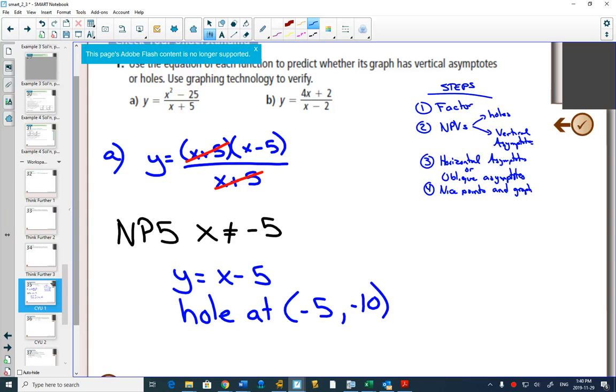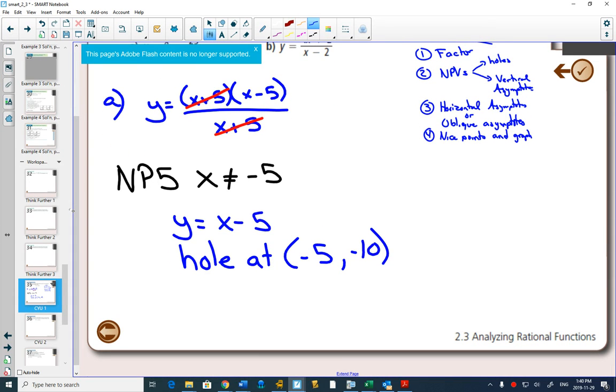If your equation simplifies, which it did, our equation simplifies to y equal x minus 5, that's what you would graph.